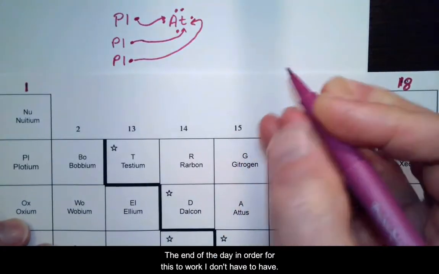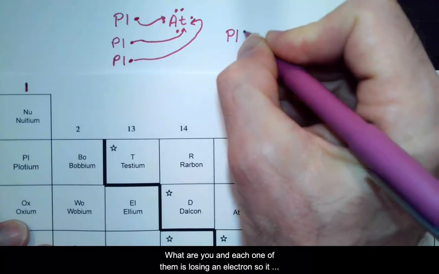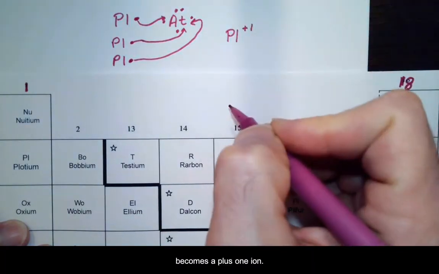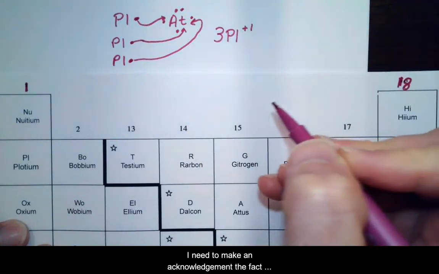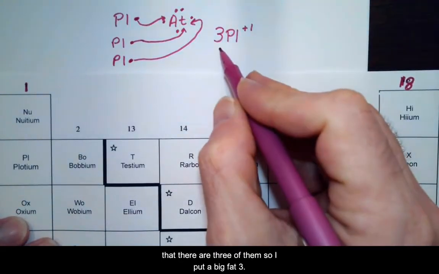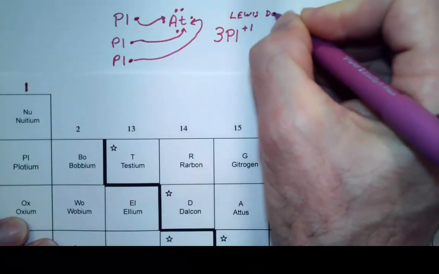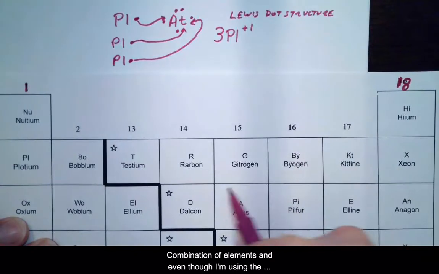So at the end of the day, in order for this to work, I would have to have platium, and each one of them is losing an electron, so it becomes a +1 ion. But I need to make an acknowledgement of the fact that there are 3 of them. So I'm going to put a big fat 3 here. And again, this is the Lewis dot structure for this particular combination of elements.